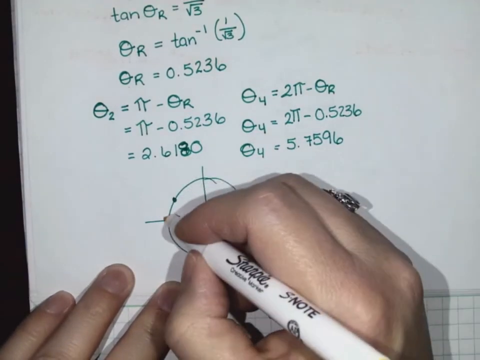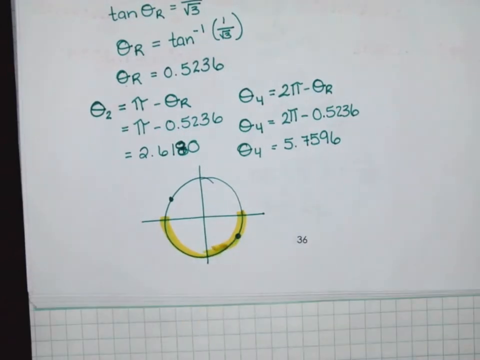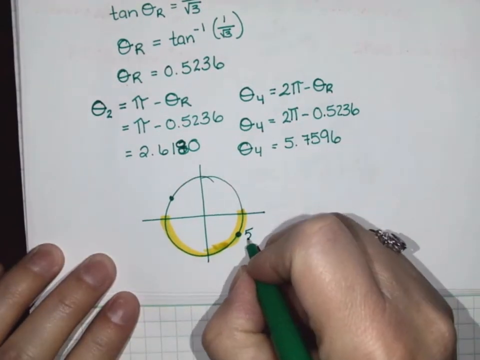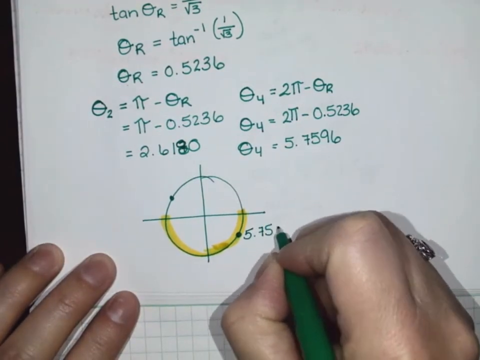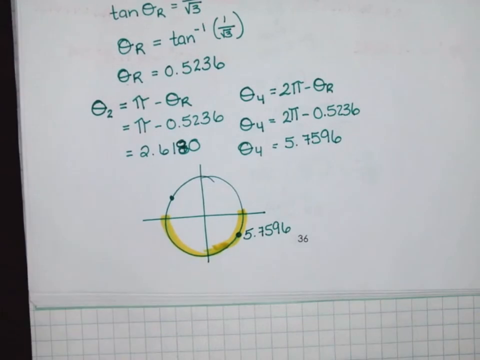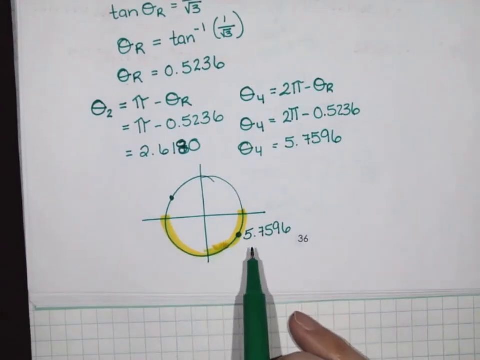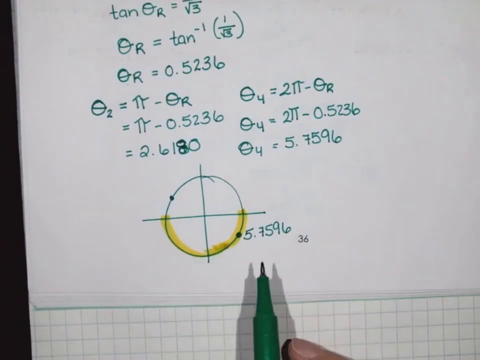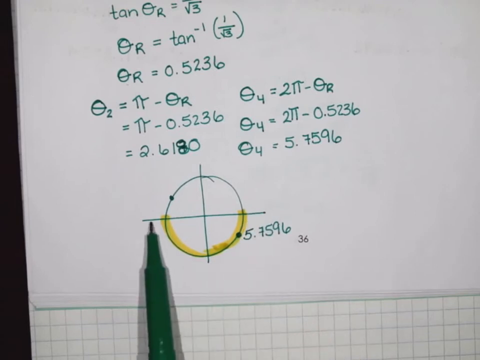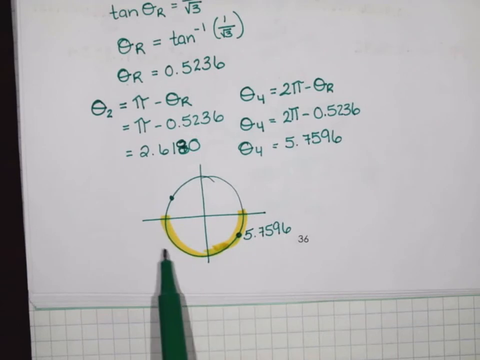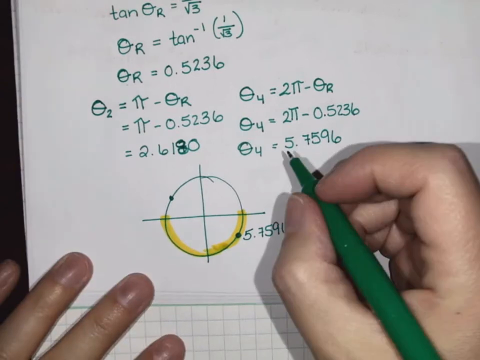So how many answers am I going to have on my negative rotation? Just the 1. What's the angle measurement here? This one's my 5.7596. So this is the only one I'm going to find a negative coterminal for. Why? Because it's not in that restriction, right? So you got to keep checking where you are and where your restrictions go to.